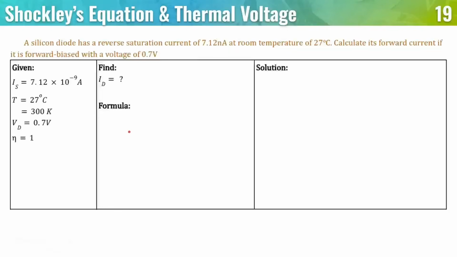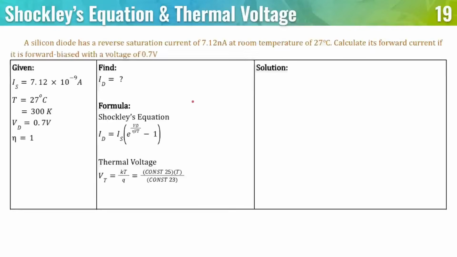Again, the ideality factor is not mentioned here. Assume it to be 1. Now, we must find the forward current, I sub D. Let's use the formulas we used earlier, Shockley's equation and the thermal voltage.